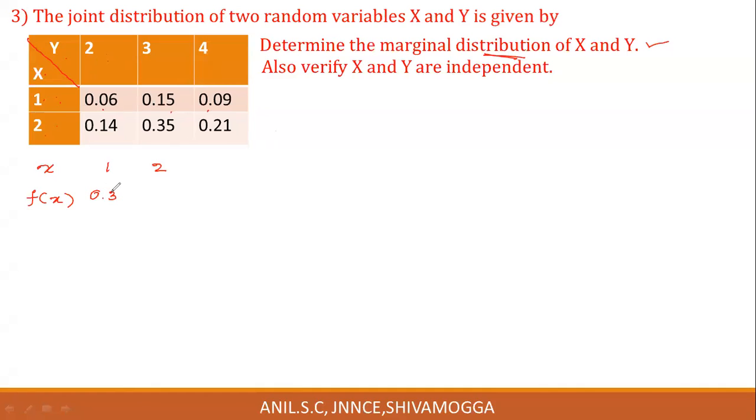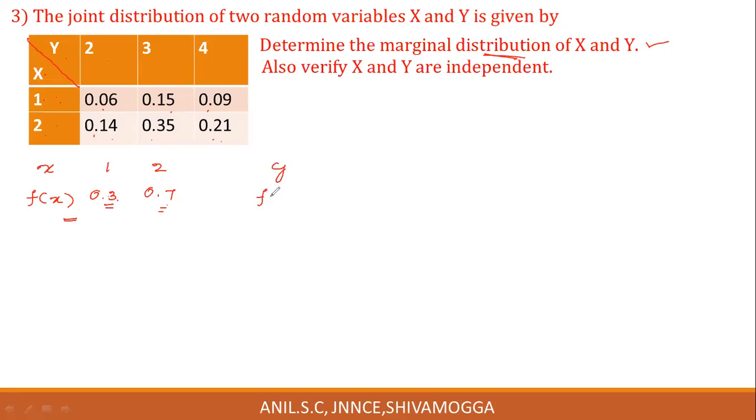It must be 0.3. When x is equal to 2, 0.14 plus 0.35 plus 0.21 is 0.7. Each of these two functional values are greater than 0 and their sum is equal to 1. 0.3 plus 0.7 is 1. This is called marginal distribution of x.